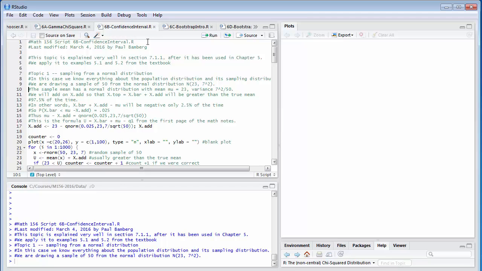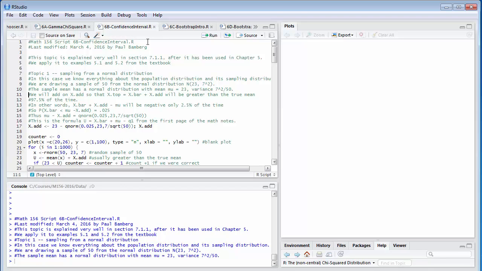In other words, we want to guard against the possibility that we accidentally got a sample with a rather low mean, and we're going to add on a quantity. I'll call it x sub add, so that when I take x bar, the sample mean, and add on x sub add, the result, let's call that x top, will be greater than the true mean 97.5% of the time.